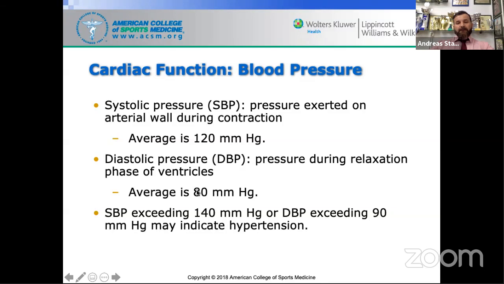Below 120 and below 80, that's normal. We're not going to go into detail today. There's something called prehypertension, and then 140 and above, 90 and above, we have hypertension. Hypertension is a thing, and it's dangerous. It's called the silent killer. It's not a good thing at all. But we're just going to stop here. Okay, nothing more about blood pressure.